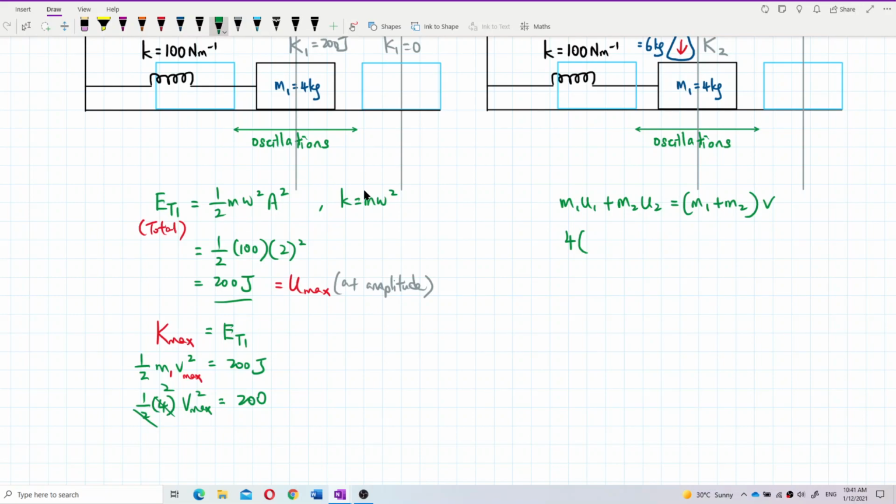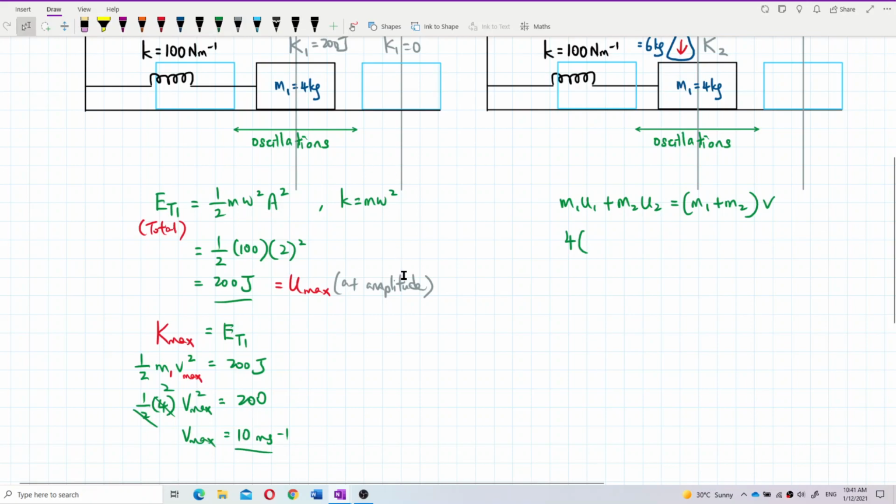And then what is the maximum velocity here? 200 divided by 2, you get 100. So V max here is, after we square root, 200 divided by 2 is 100, square root of 100, you get 10. So this is 10 meter per second.